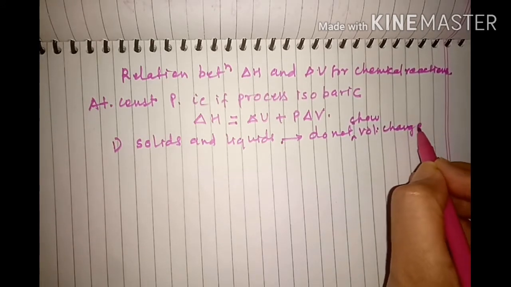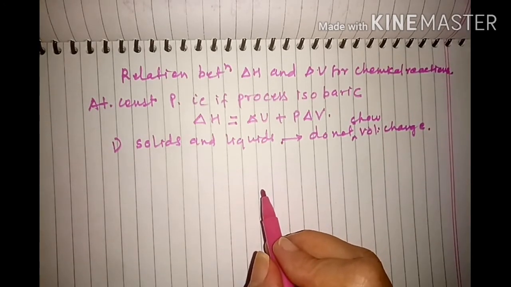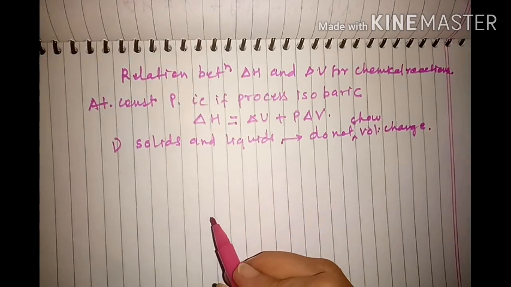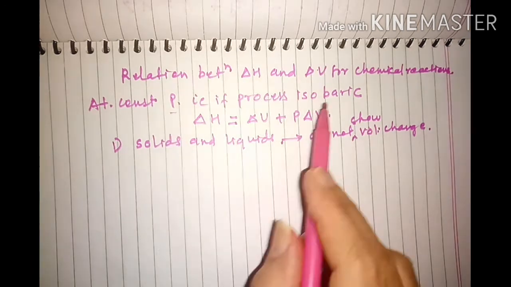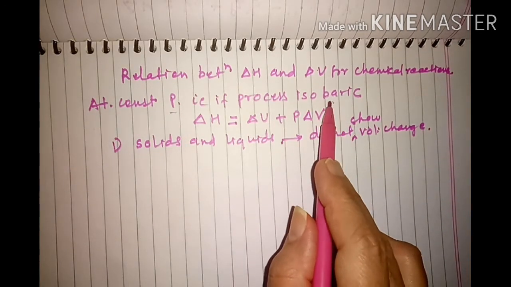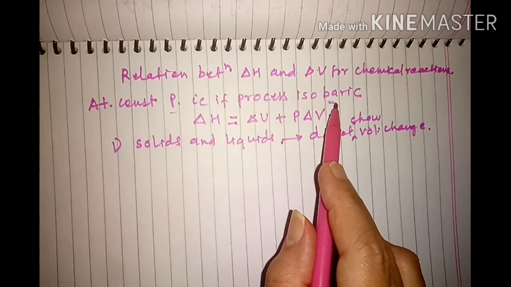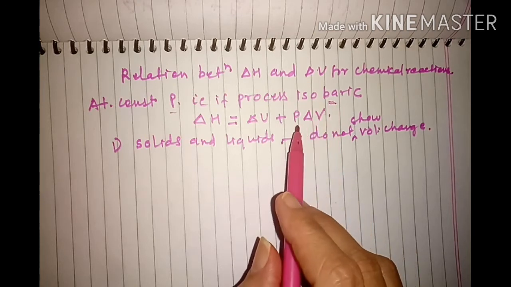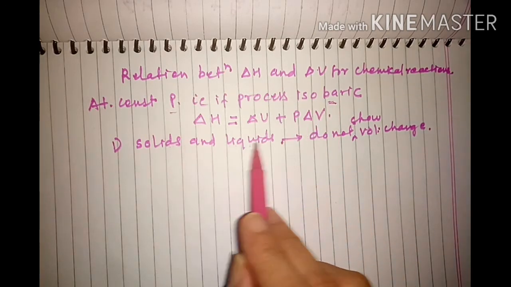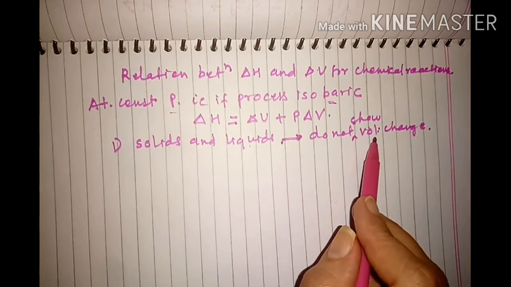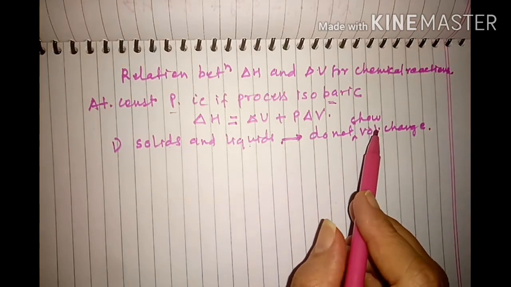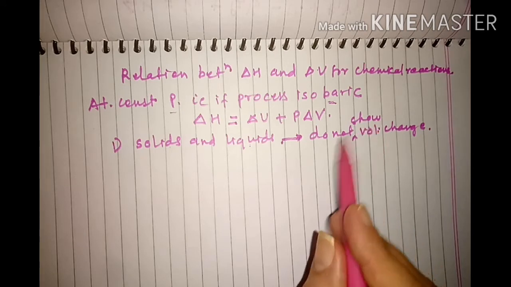There might be a change, but that can be very, very small, and that can be neglected also. This is if the reaction is carried out at constant pressure, meaning isobaric condition. These are the reactions which we always carry out in the chemistry laboratory. So for solids and liquids there is no change in volume. It might be there, but it is so very small that it can be neglected here.